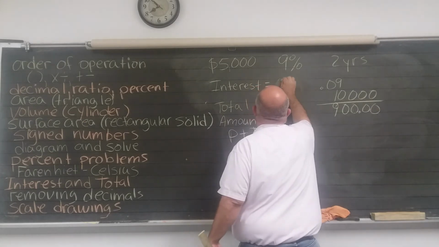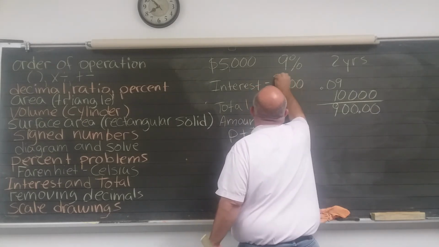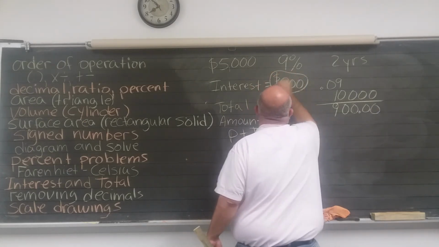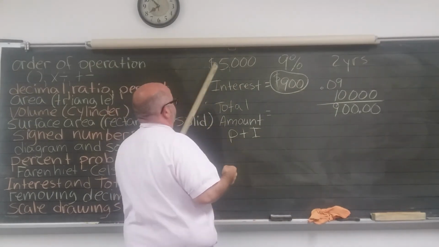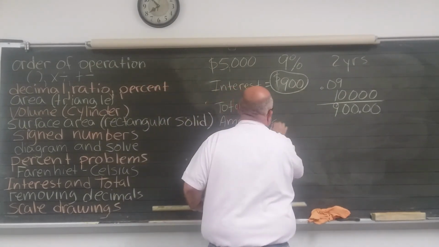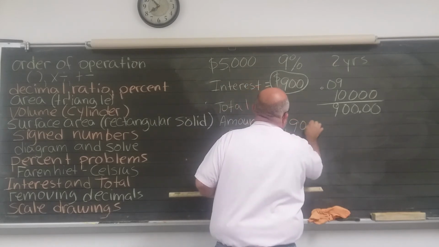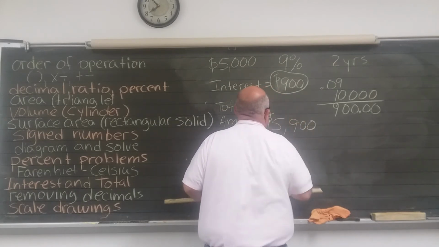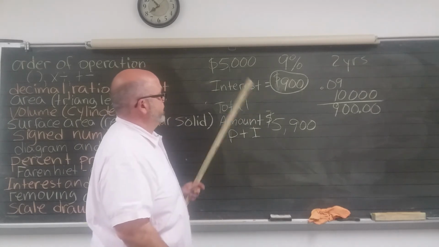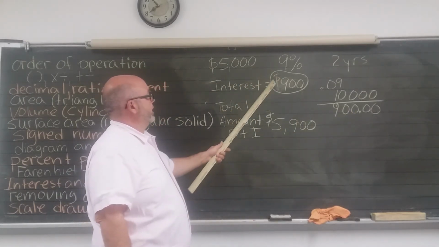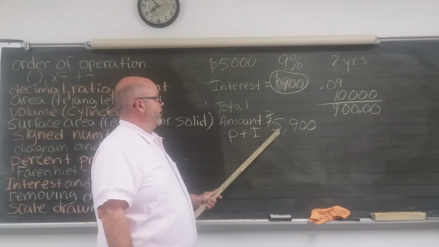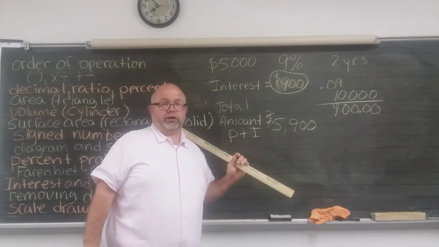Interest is $900. That's one answer. And so your total amount paid back is what? Principal plus interest, $5,900. Again, dollar signs. Make sure your decimals go at the right place. $900 interest, total amount paid back, $5,900.